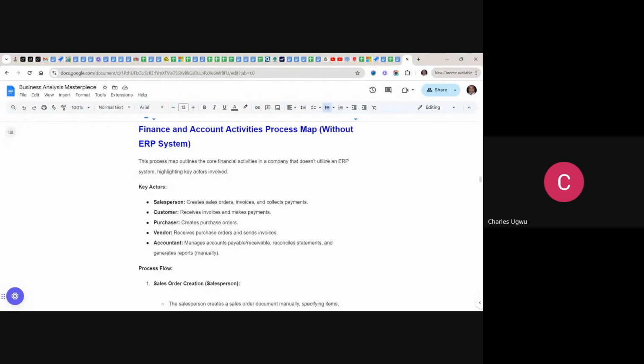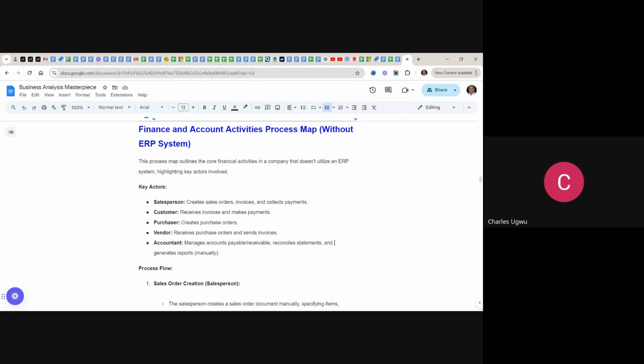Then we'll have customers. These are the people that we are processing their payment. These are purchasers, purchase orders. These are people within the finance department. They make purchases, like anything the company want to buy. So anyway, this is the way money comes in, money goes out.